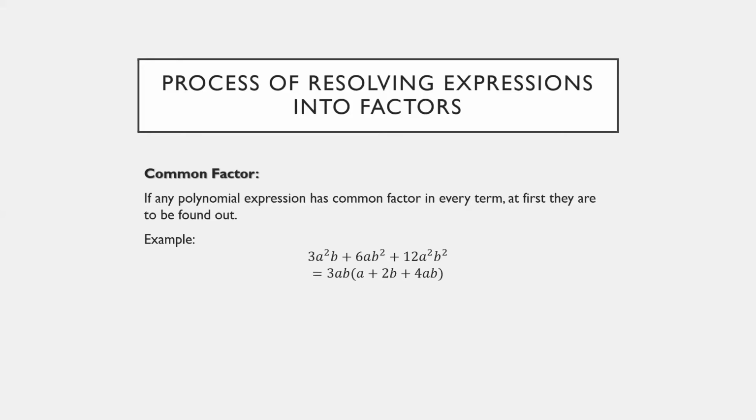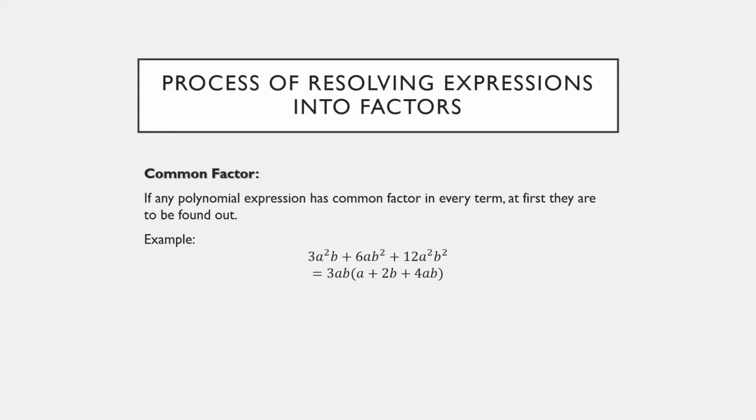So we can write 3ab. Now 3a square b divided by 3ab is equal to a. So our first term becomes a. Then 6ab square divided by 3ab results in 2b. So our second term becomes 2b, and 12a square b square divided by 3ab is equal to 4ab. So finally the last term becomes 4ab. So the given expression has now become 3ab into a plus 2b plus 4ab.